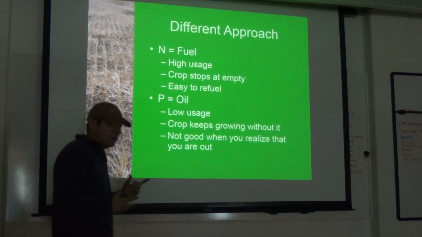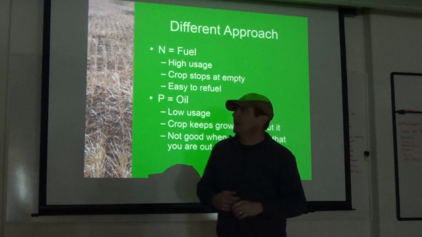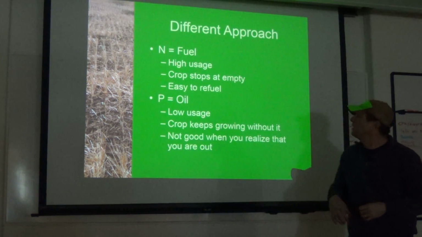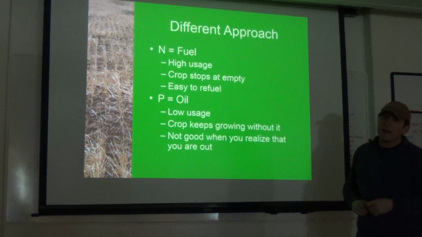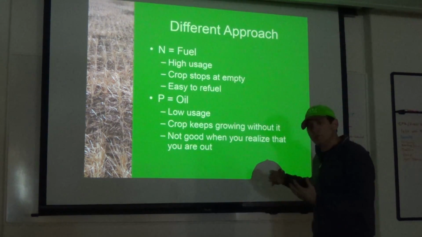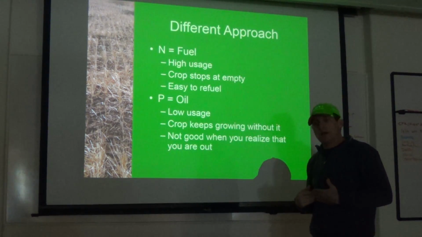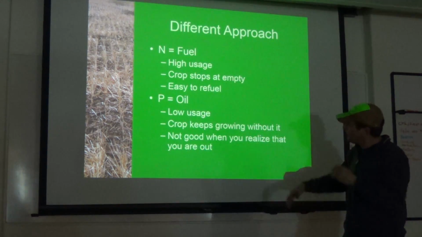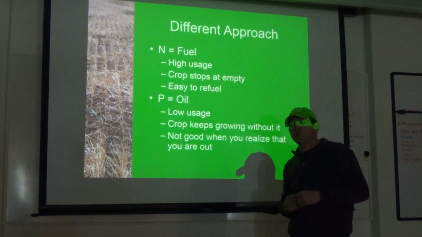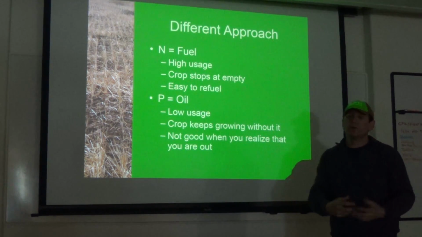Nitrogen is like the fuel or the gasoline in your car in that it has a high usage. We use a lot of gallons of it. The crop stops, or the car stops, when you run out of gas. When you run out of nitrogen, the crop stops growing. But the nice thing about nitrogen is it is easy to refuel the car when you're out of gas.